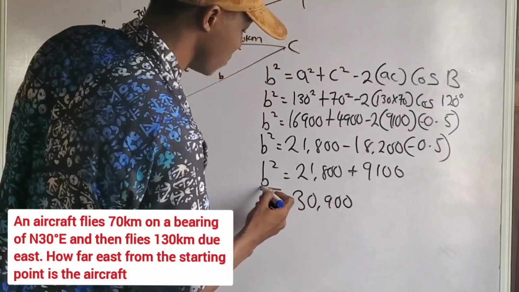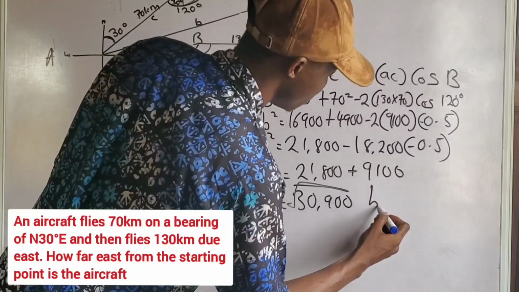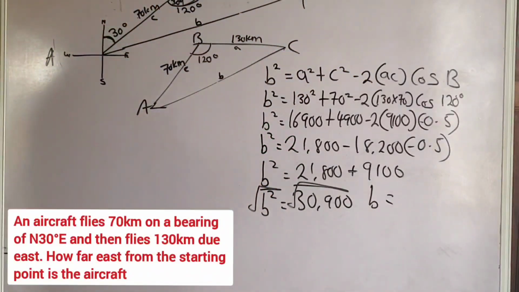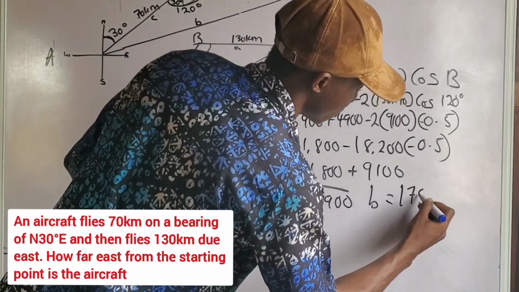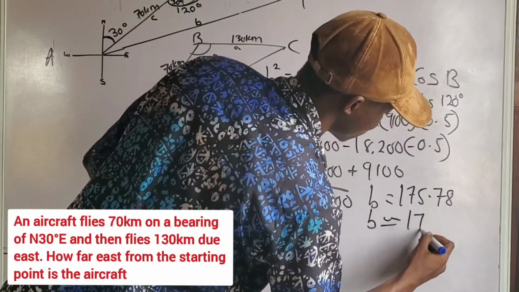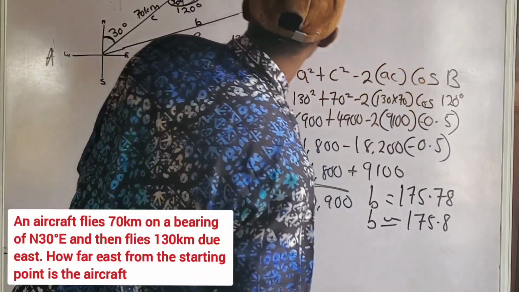To get the value of b, you take the square root of both sides. So b is equal to the square root of 30,900, that is 175.78. To one decimal place, that is 175.8. What is the unit?